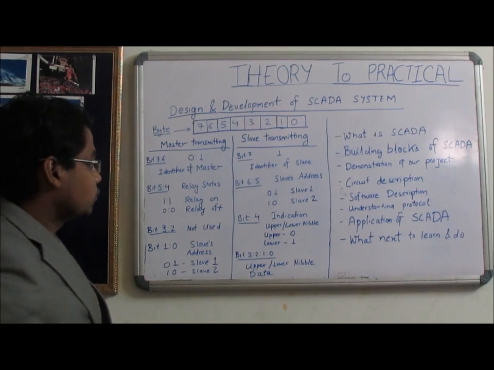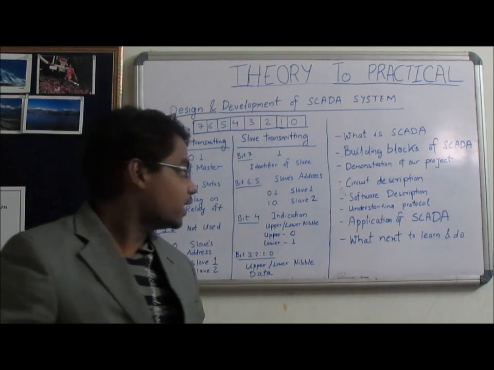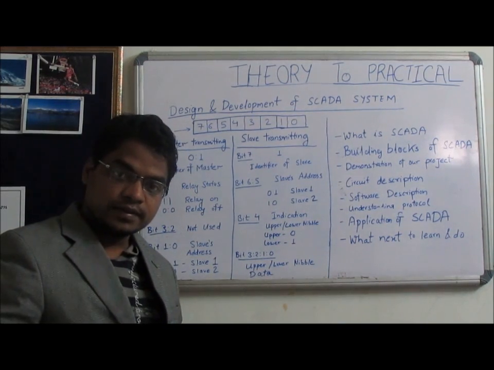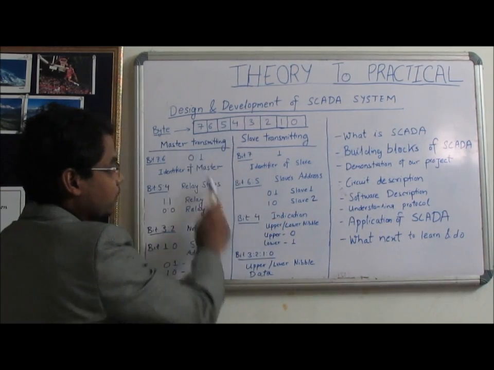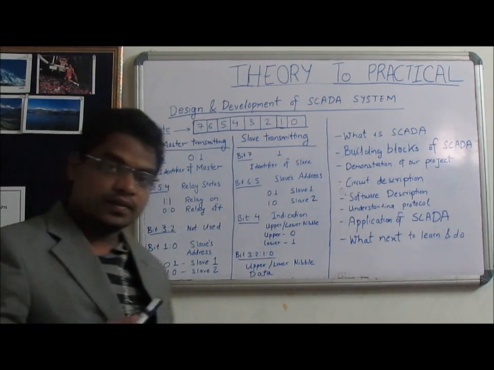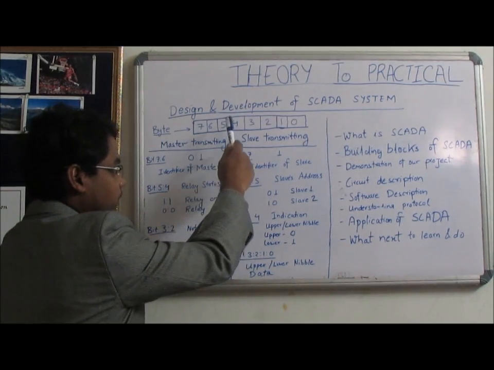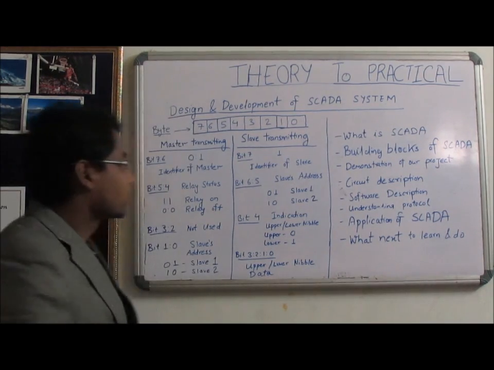Now come to bit 6 and bit 5. These are the slave's address. If slave 1 is sending the data, then it will write here 01 at 6 and 5, and if slave 2 is sending the data, then it will write 10 here. Now come to bit 7.